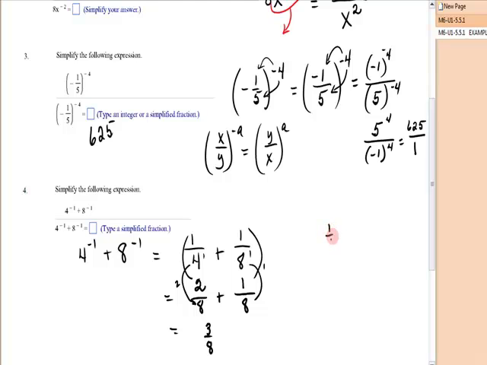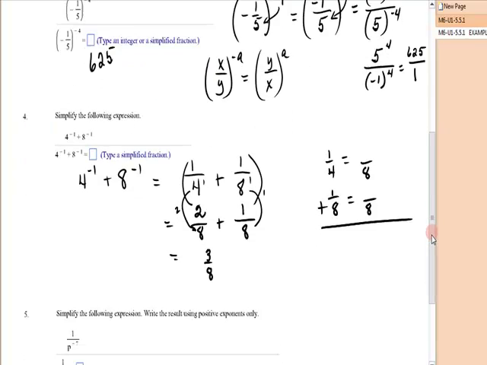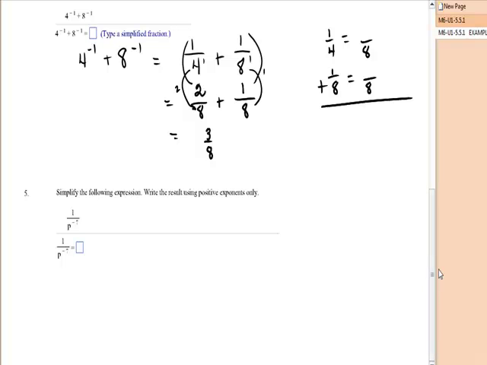If you want to, you could have gone off to the side if you felt more comfortable writing them out like this with your common denominator over here. That's a little bit more of a traditional approach. All right, last one. It has 1 over p to the negative 7th. Remember, negative exponent says, move me across a fraction line, please.